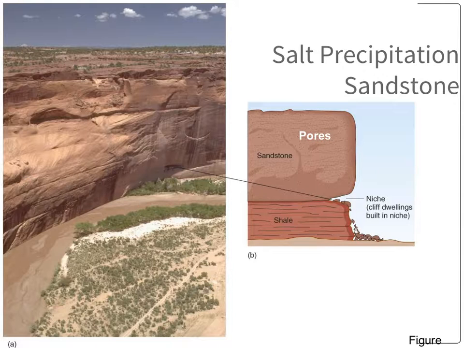Many of the areas where you have cliff dwellings in the southwest are situations where you have this kind of salt and freeze-thaw physical weathering working at these rock layers, causing the material to get eroded away, which provides a place for the indigenous peoples to develop cliff dwellings.